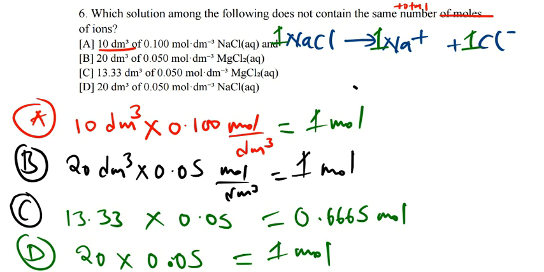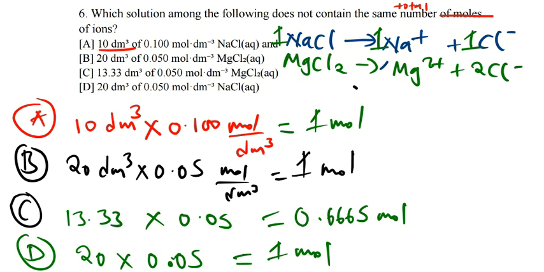Now for magnesium chloride, if it dissociates, you're going to have a magnesium ion and also 2 chloride ions. So you see that for magnesium, it's going to have 3 ions. There is 1 there and 2, compared against a ratio of 1. So where there is magnesium, we're going to use 3 ions per mole.